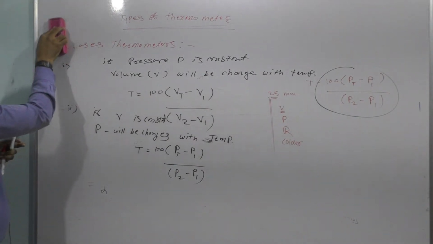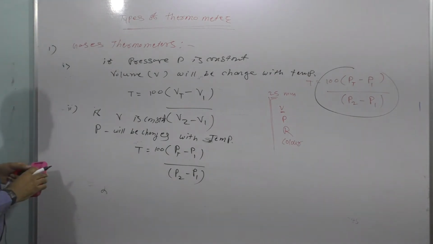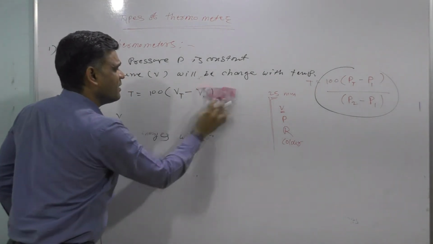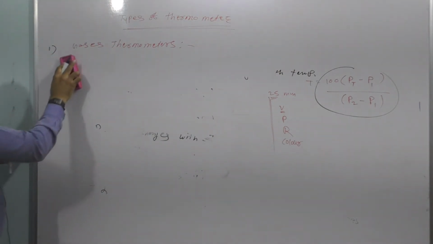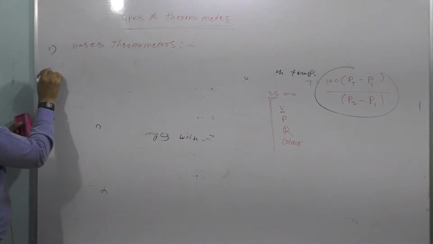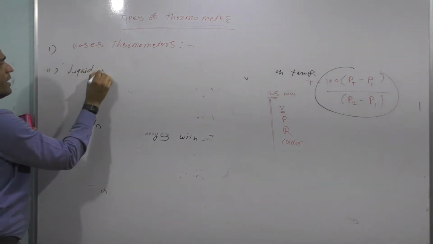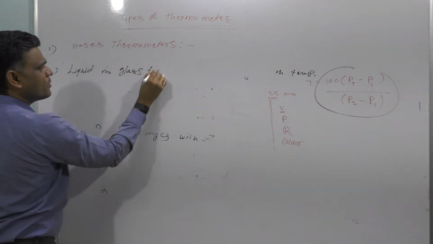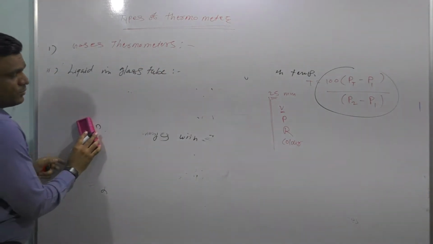The first type was the gaseous thermometer. The second is the liquid thermometer, or liquid in glass tube.